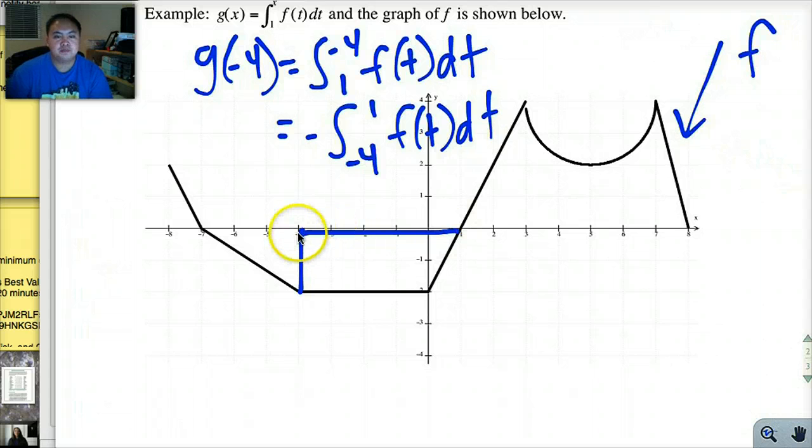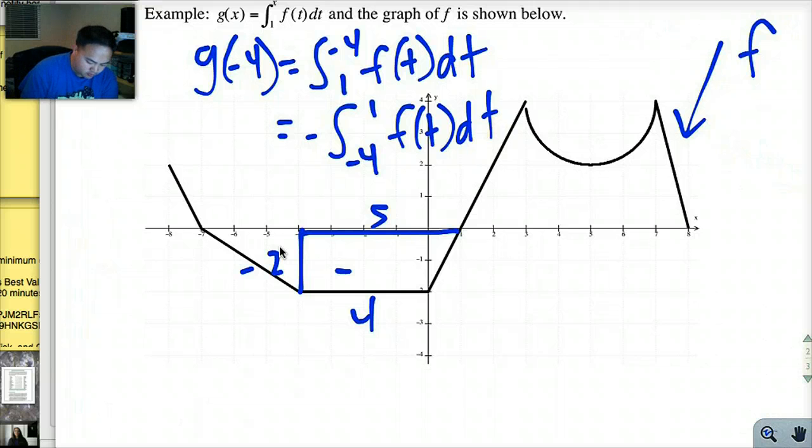So this one, I have a height of negative 2. I have a base of 5 and a base of 4. So the average of the bases is 4.5 times negative 2, which should be negative 9. So the area of this is negative 9.